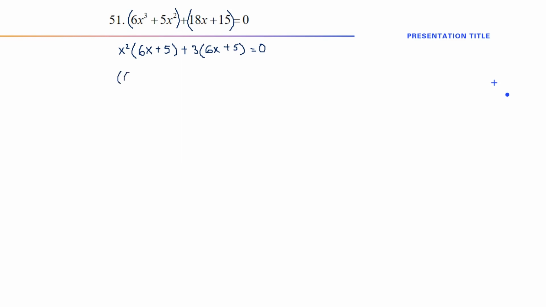Now the common factor is 6x plus 5 times x squared plus 3. And remember, the highest degree in this question is 3, so we will have 3 solutions.